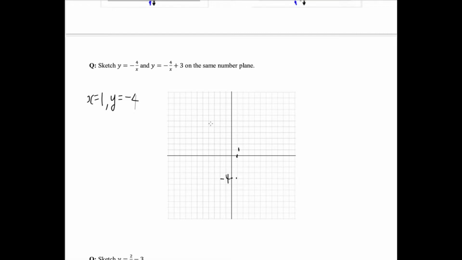If you remember from last lesson, if a hyperbola has a negative in the front, it's going to be in the second and the fourth quadrant. This point is in the fourth quadrant, and then we find a point in the second quadrant. We let x equal minus 1, and then y is 4.